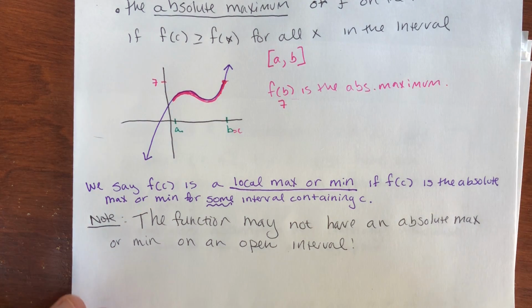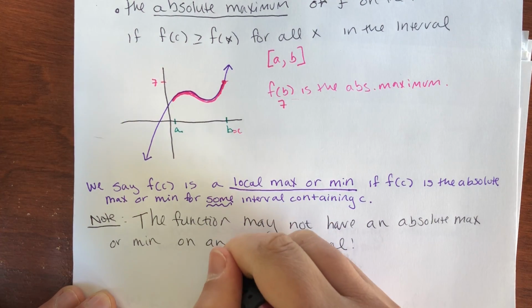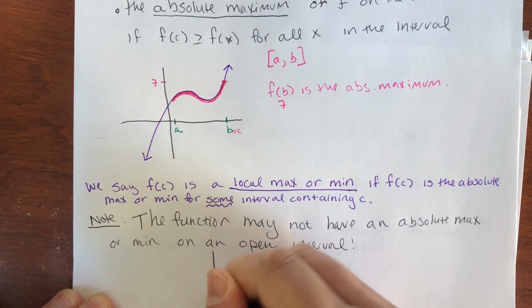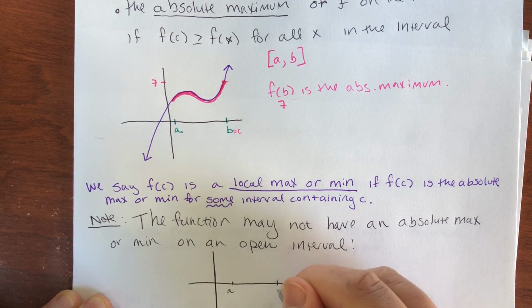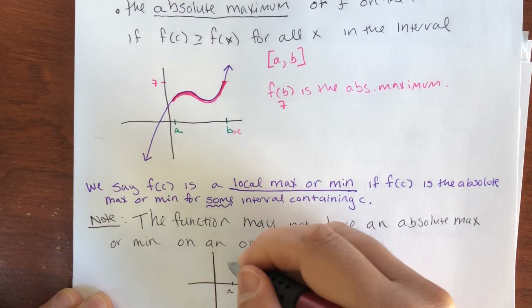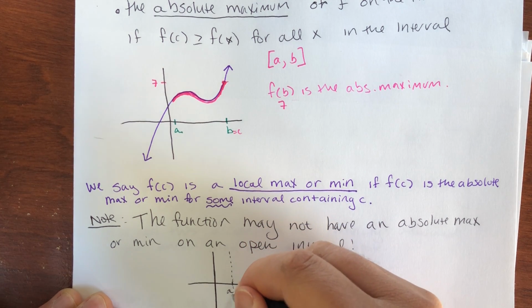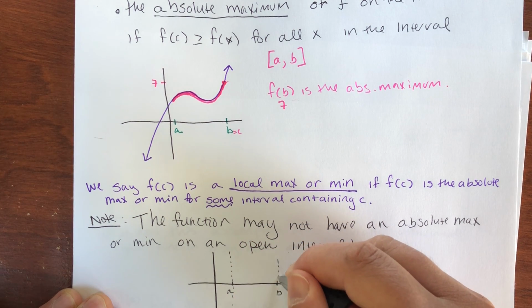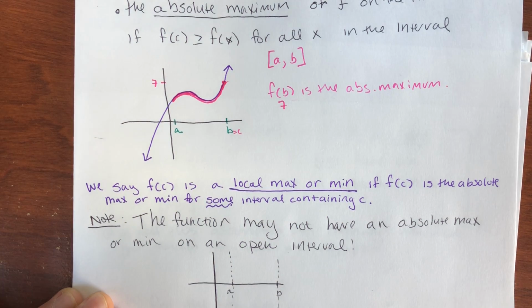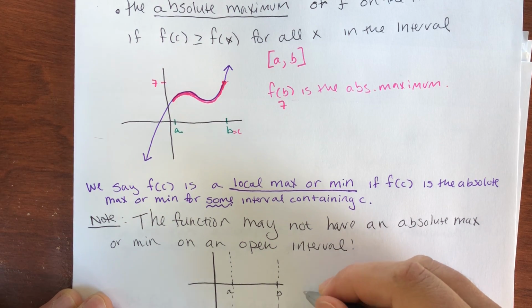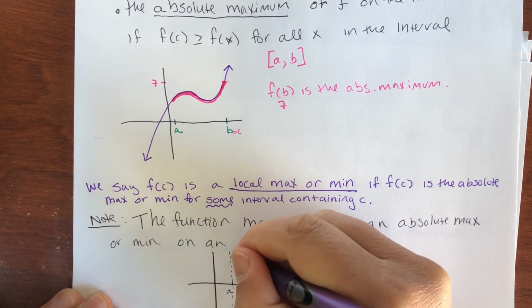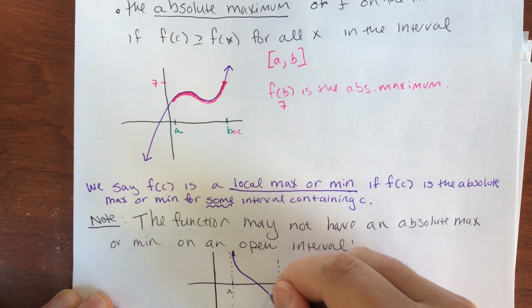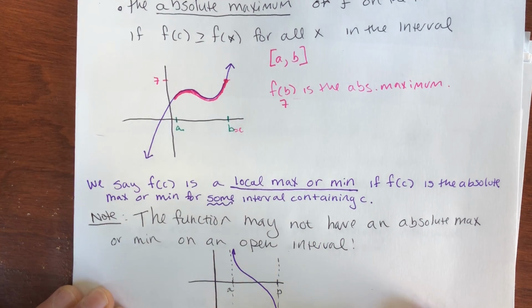So as an example, let's say I were to graph, here's my A and here's my B. It could be that we have vertical asymptotes at both A and B. Maybe the function looks something like this. Okay.